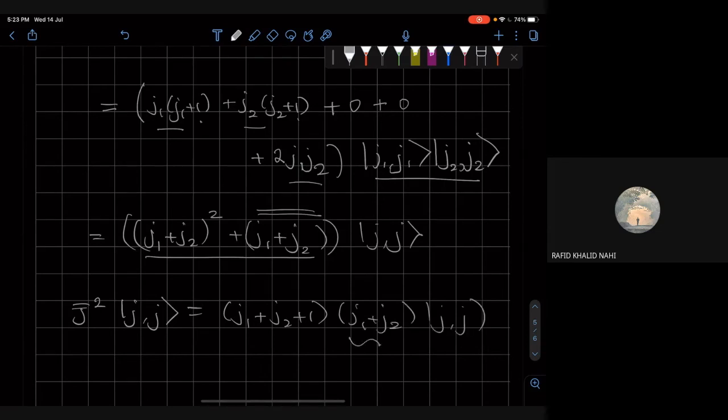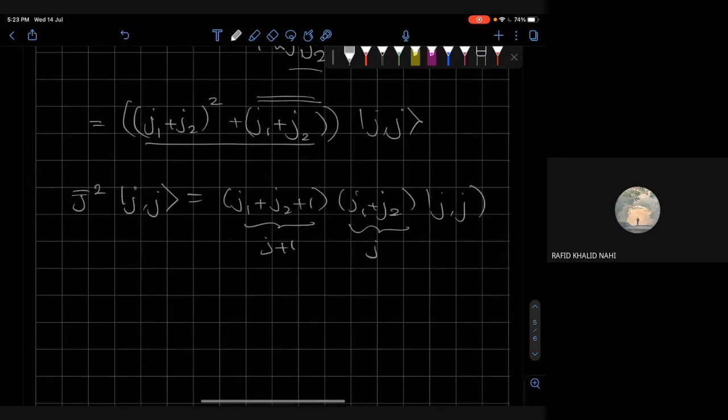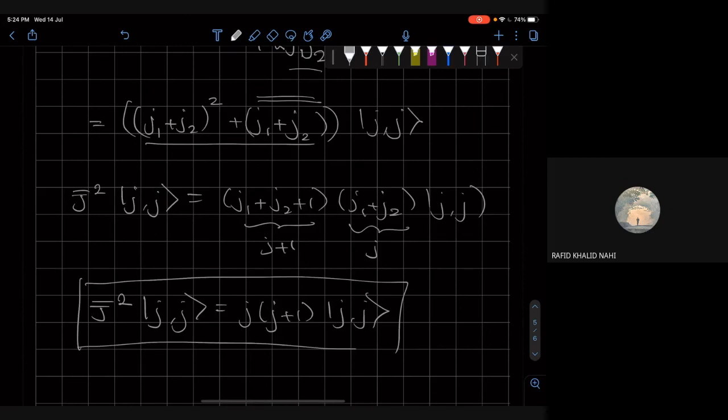So this is J, this is J plus 1. So I can rewrite this equation as J squared acting on JJ is equal to J times J plus 1. So we see that the conjecture passes the first test, right?